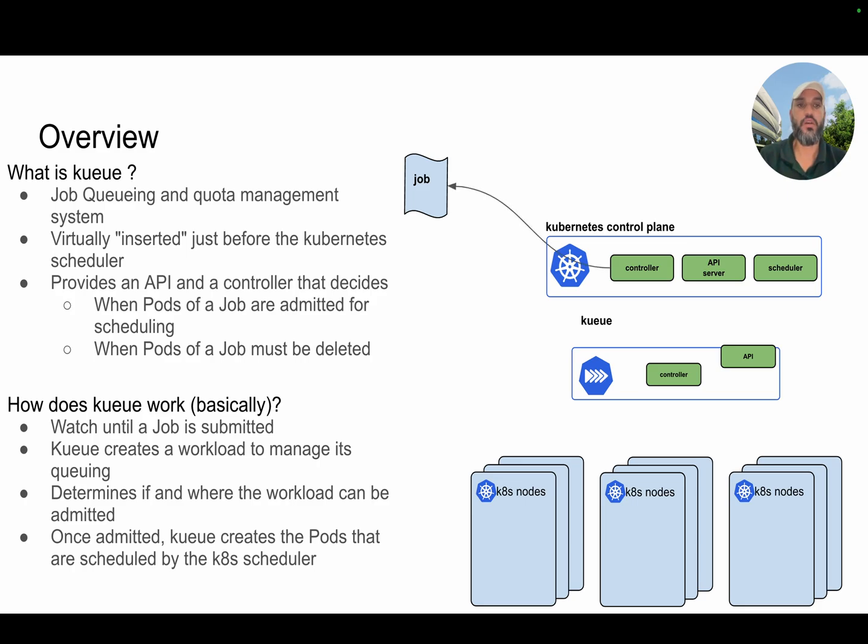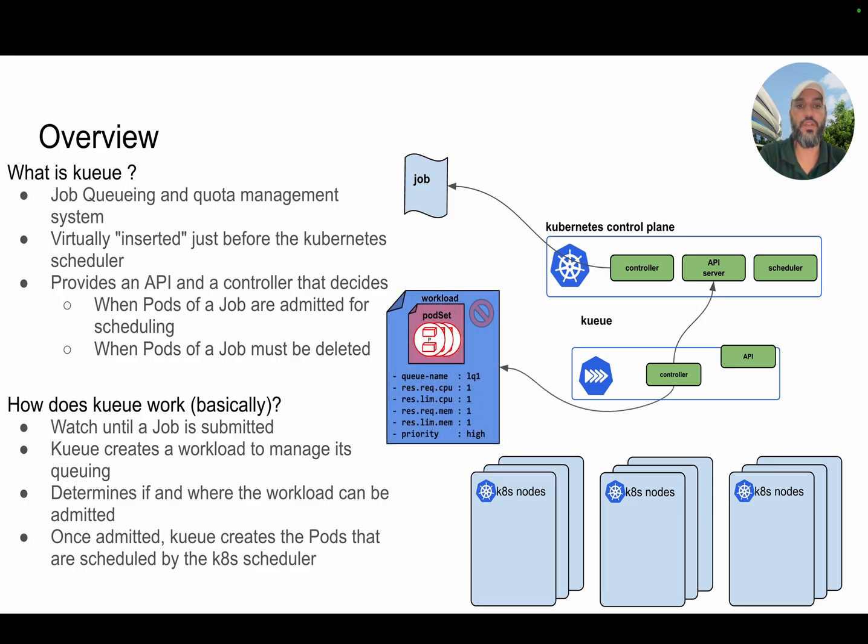Normally the job controller will watch the job, and then Kueue will be notified about the job creation. Kueue will then create a workload object defining a pod set, which is basically a group of pods that the job will be bringing, and it will also determine the resource requests and resource limits.